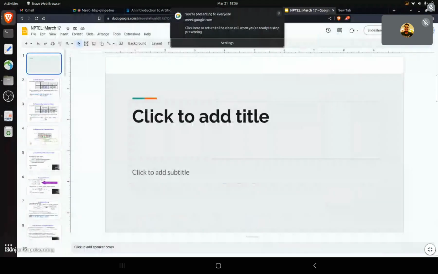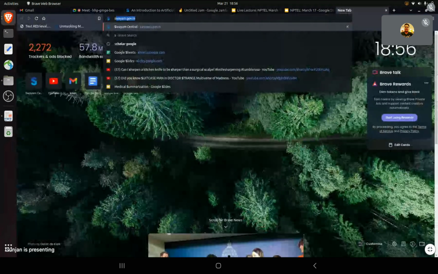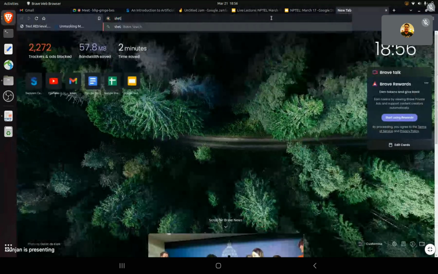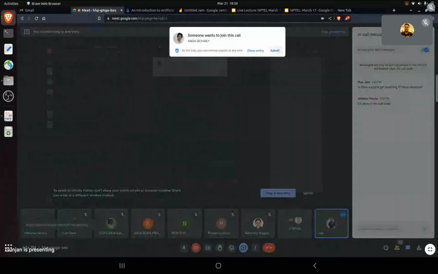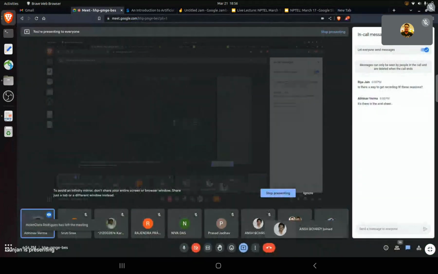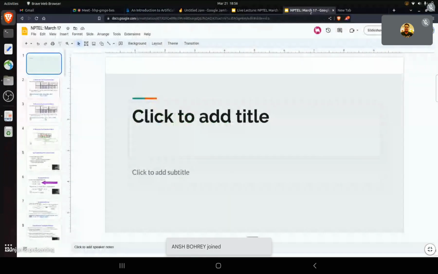I'm not sure why you don't have access, but I have given view access to everyone who has the link. When you open it, does it say request access? What is the issue? No, sir. I got it, sir. It is available, sir. Yes. I did not know the link.